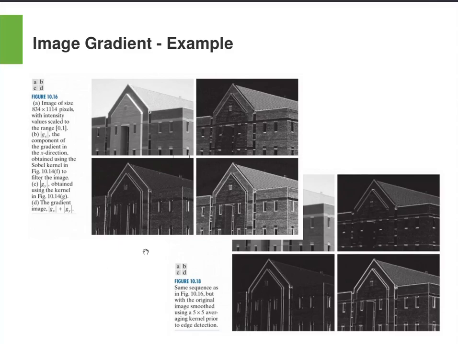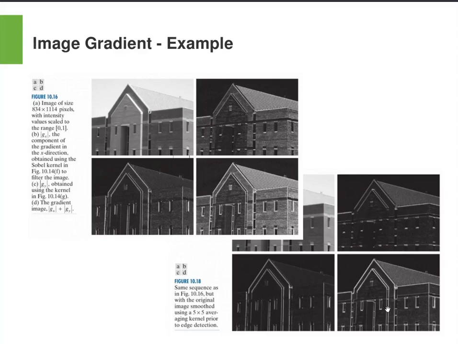What happens if we apply a smoothing before we calculate the gradient? If we apply a smoothing, we practically eliminate some of the minor intensity changes. So what we end up with is a better representation of the stronger intensity changes in the image.